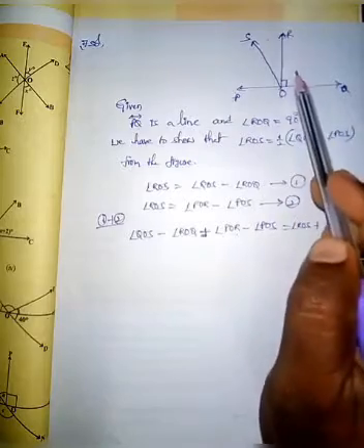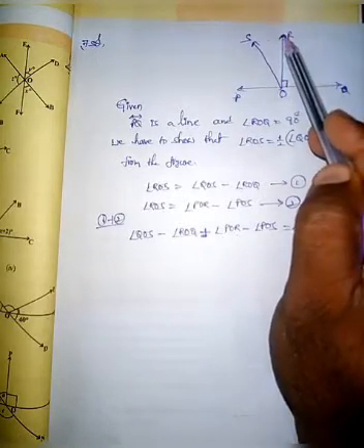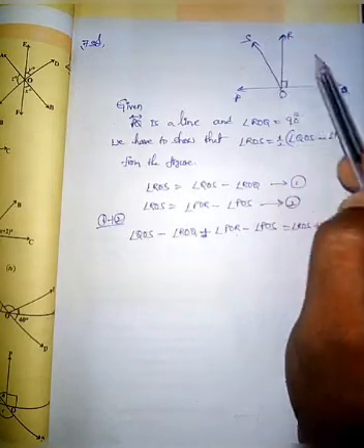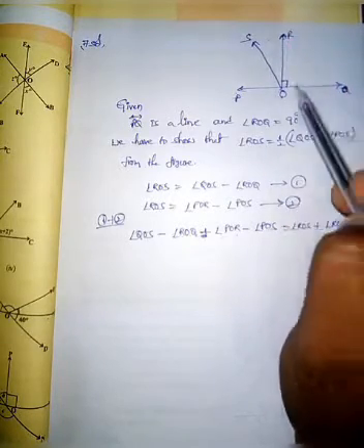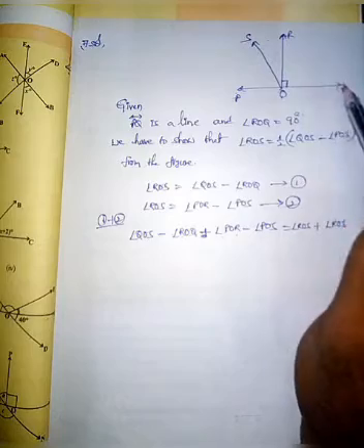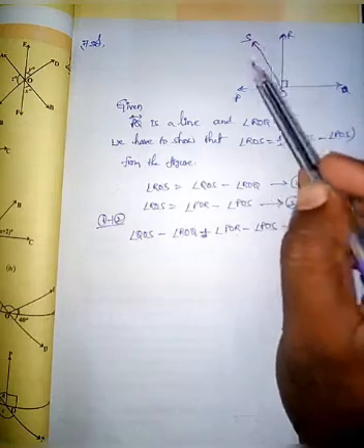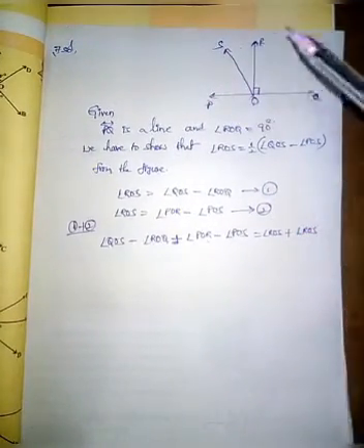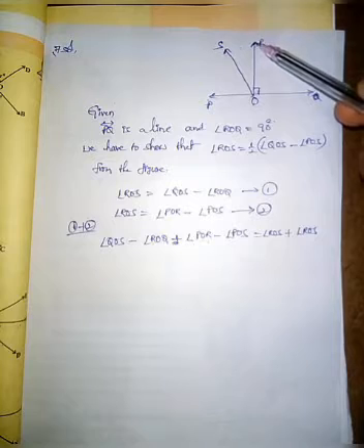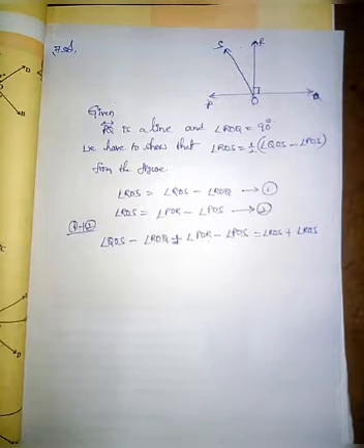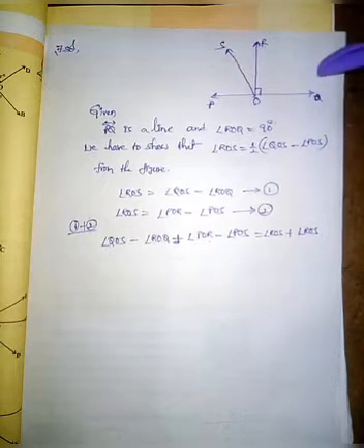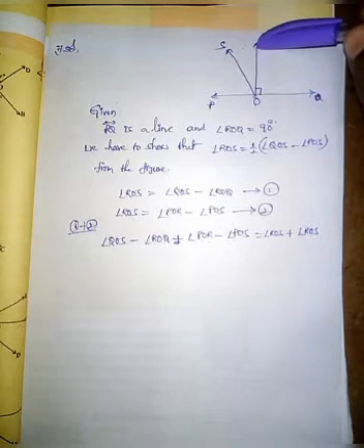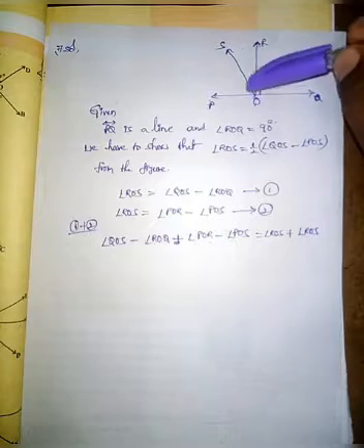Children, from the figure we can observe that if you want to calculate angle ROS, you can subtract QOR from the entire angle QOS. So don't get confused. If you want to calculate ROS, you need only this part. So cut the entire part, that is angle QOR, from the angle QOS.